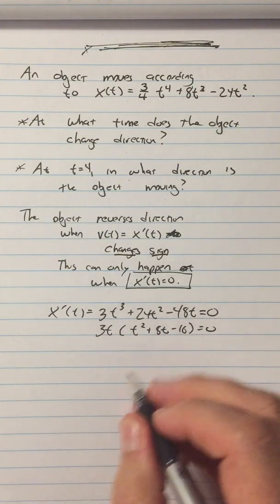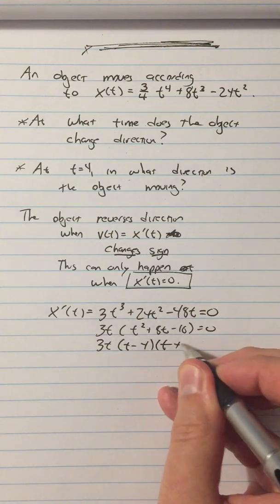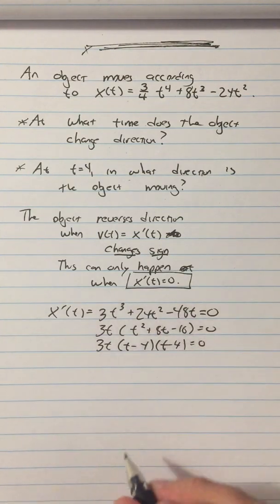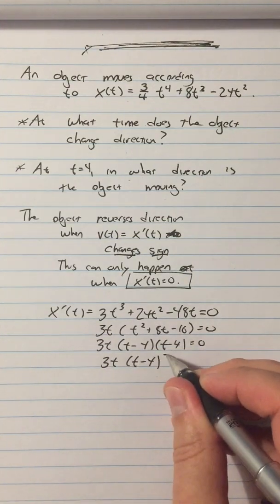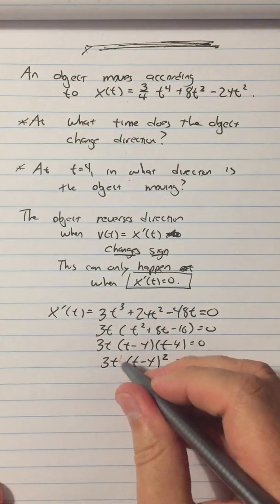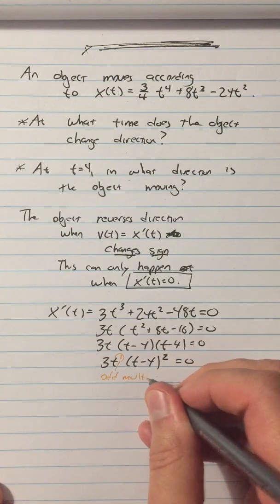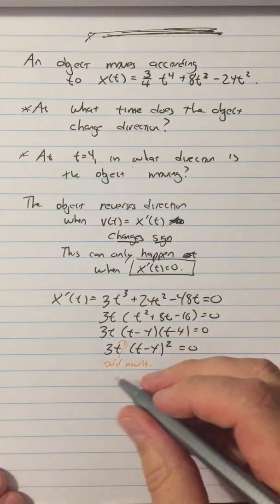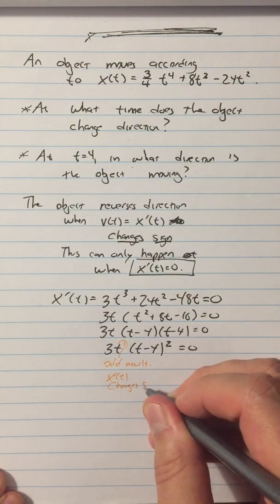And then I should recognize this is a perfect square. You could start with t minus 4 equals 0 if you want, but what is crucial is that this means 3t times (t minus 4) squared is equal to 0. So the factor t has an odd multiplicity, so when that factor equals 0, x prime of t changes sign.